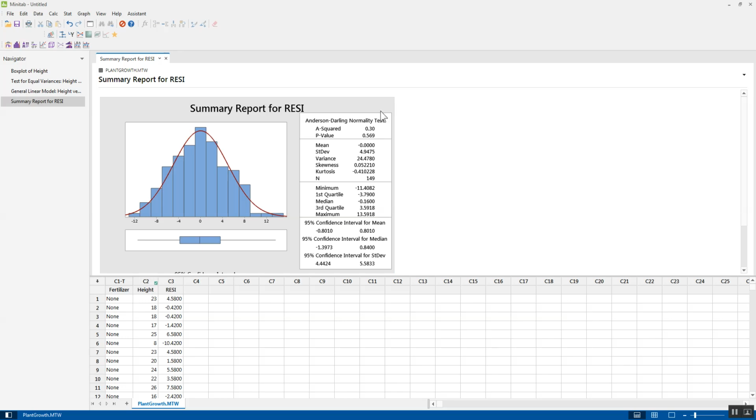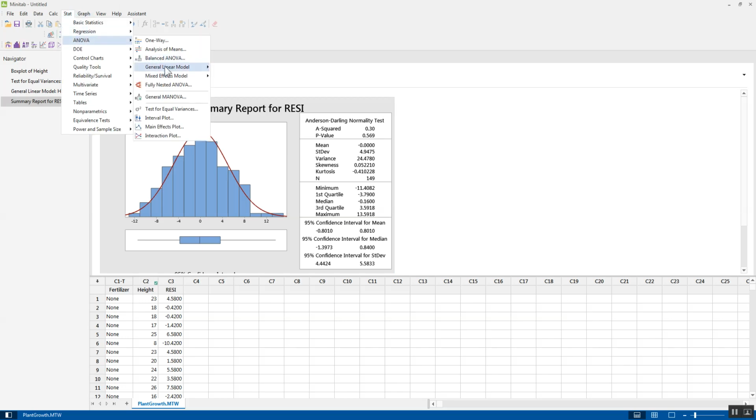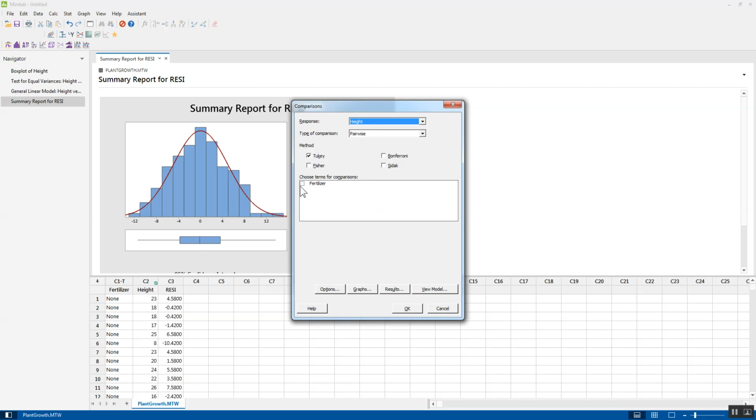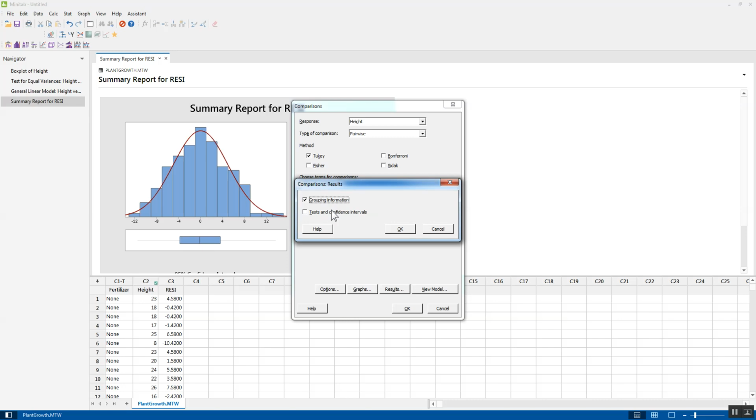So I just need to finish off with the post hoc tests then. So I go into the ANOVA menu, general linear model. All these that were grayed out before, which I couldn't do, I can now do because I've fitted the model. So I go into comparisons. Fertilizer is my term. I could then ask for just the grouping information, which gives me the Tukey groupings, the A, B, C groups, where means that do not share a letter are significantly different.